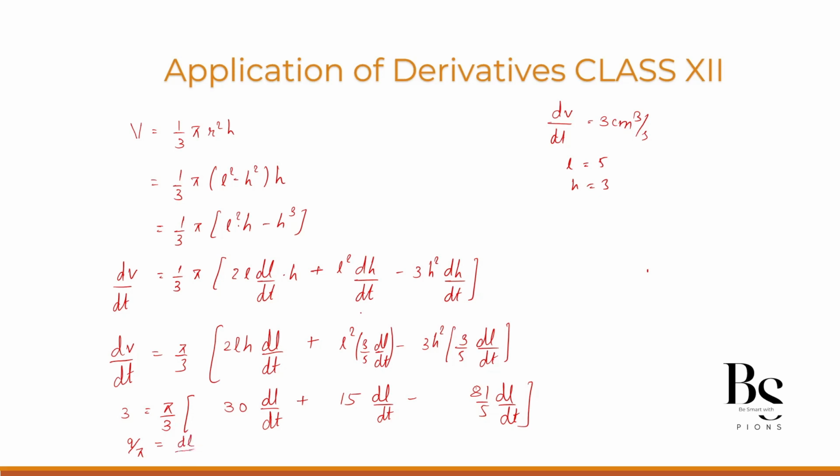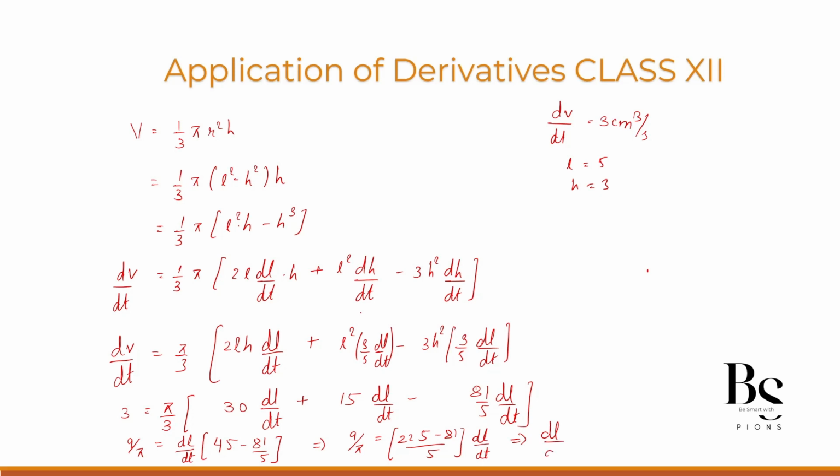I am taking dL by dt common here. What are we left with? 30 plus 15, 45, minus 81 upon 5. Correct? And this implies 9 by pi equals 25 minus 81 upon 5 dL by dt.